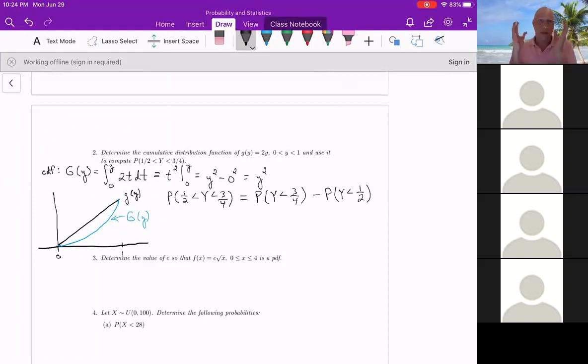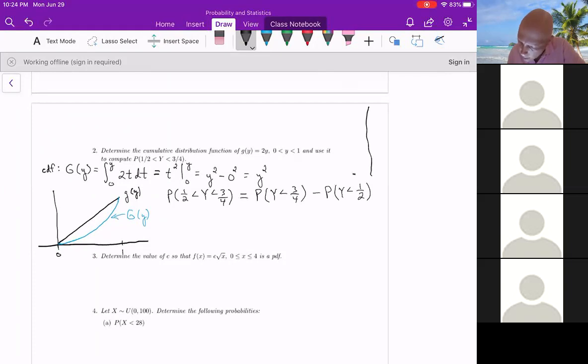And what's left is the area in the middle. If you have trouble visualizing that, let me do a quick sketch here. So we want the area in between these two lines.